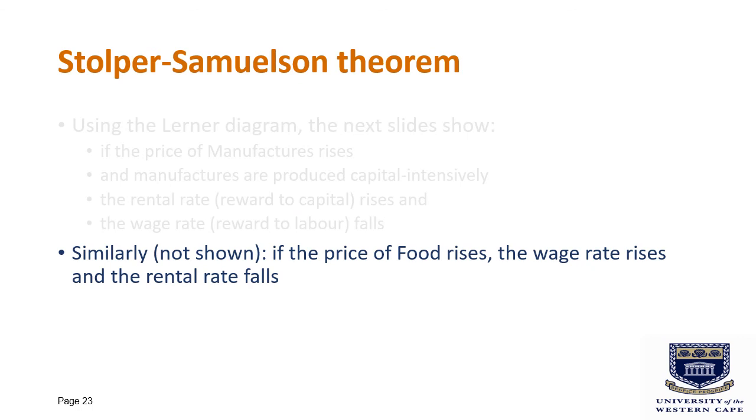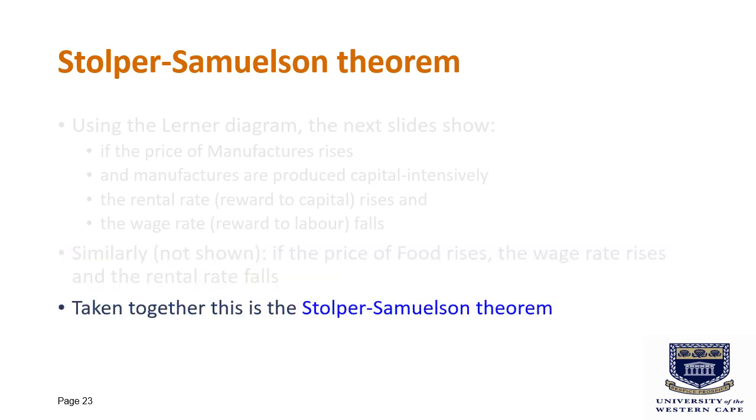Similarly, but we're not going to show this, and it might be an exercise for your tutorial if it's not in your lecture slides, if the price of food rises, then the wage rate rises and the rental rate falls. That is not shown here in class. Together, both of these analyses are the Stolper-Samuelson theorem.